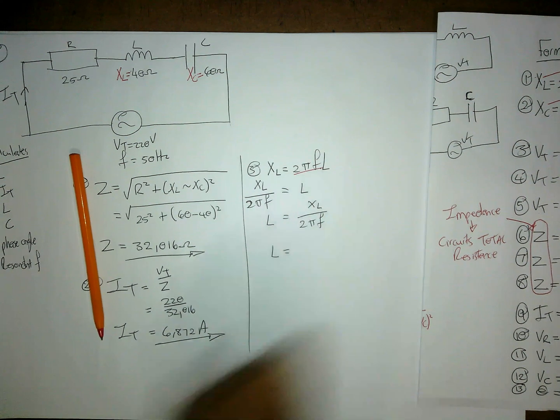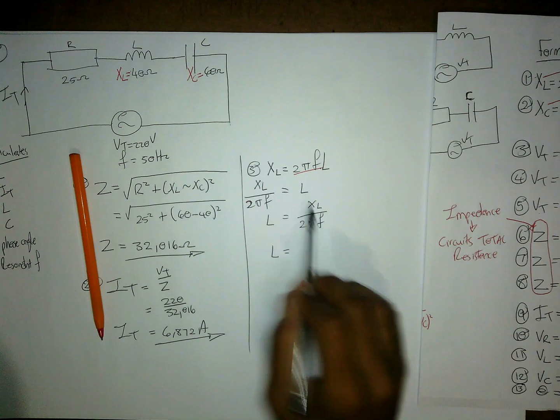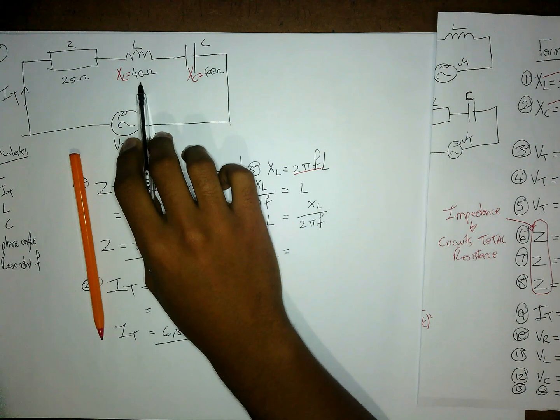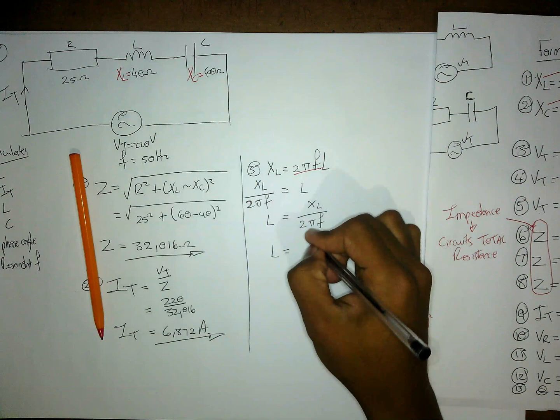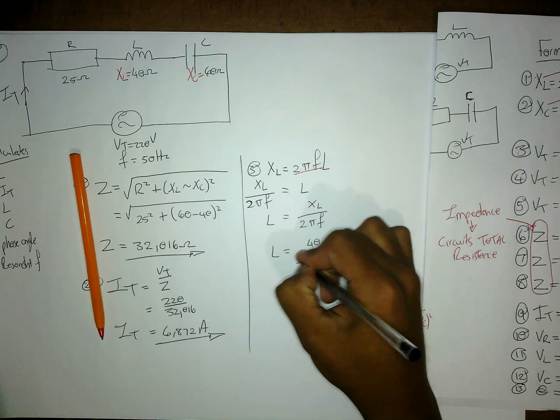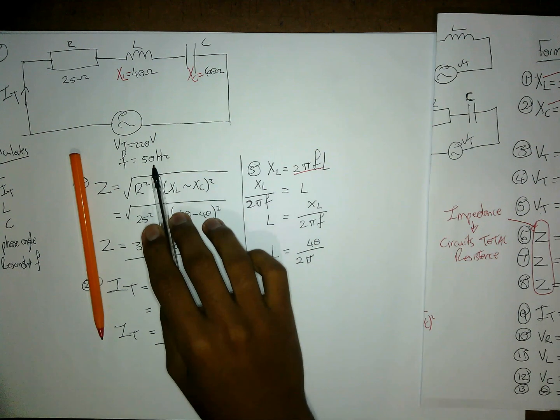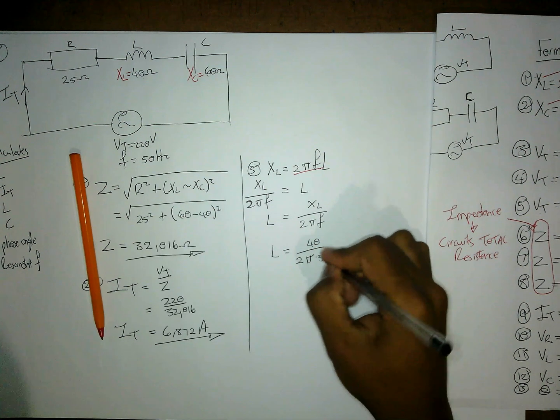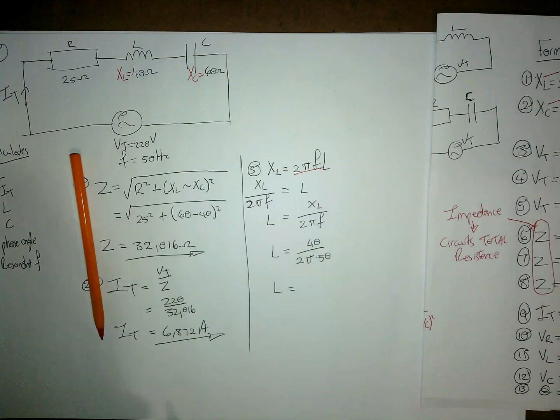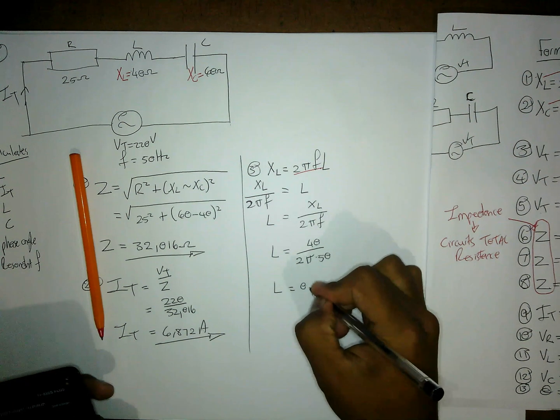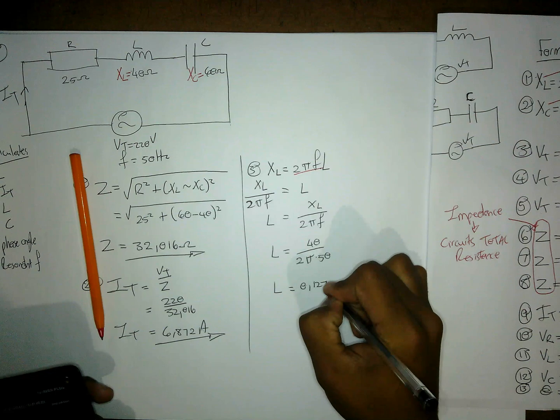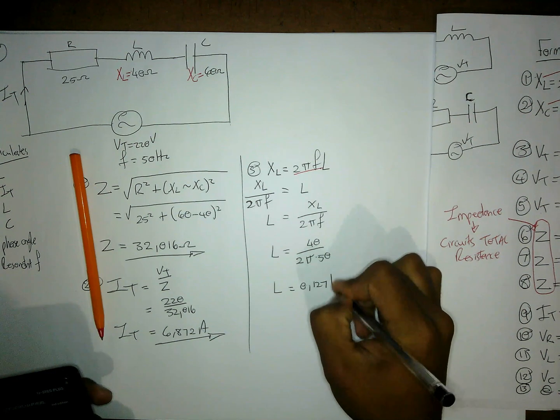Now we substitute my XL value for my inductor, which is 40, over 2 pi, and I write my 50 hertz. Now I calculate this: 40 over 2 times pi times 50 equals 0.127 henry.